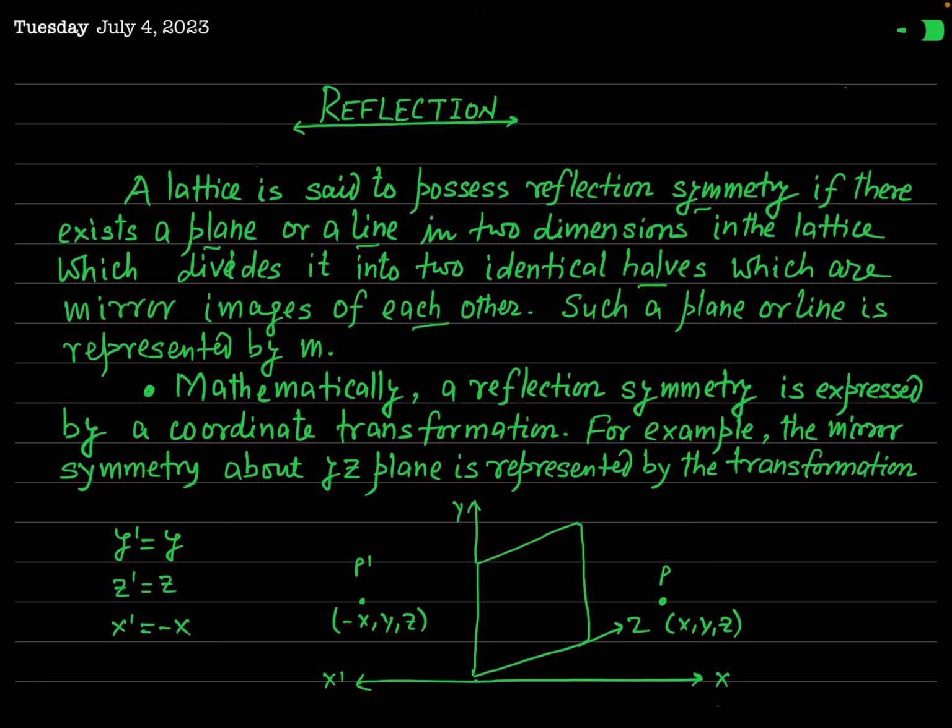In a three-dimensional lattice, there will be a plane dividing the lattice into two identical parts. If you consider that plane as a plane mirror and one part of the lattice as an object, then its second part will be equivalent to its image.